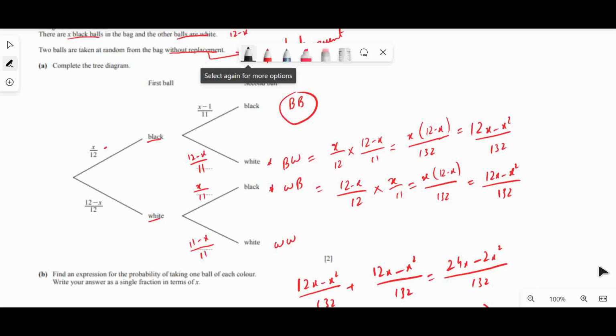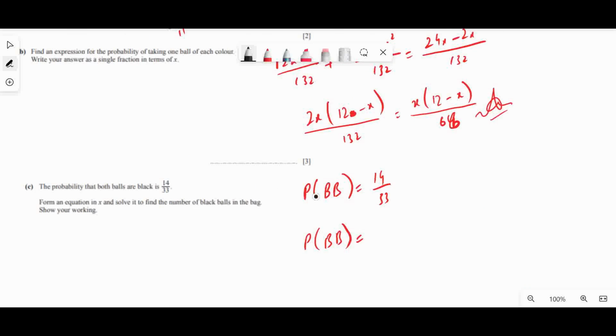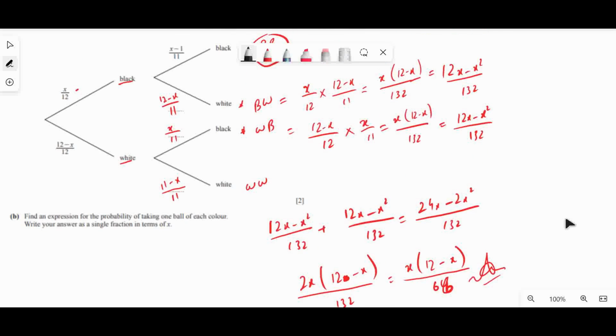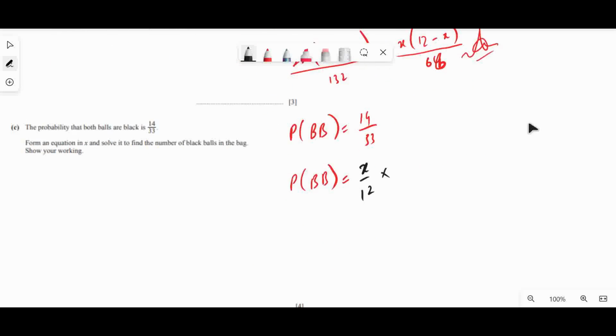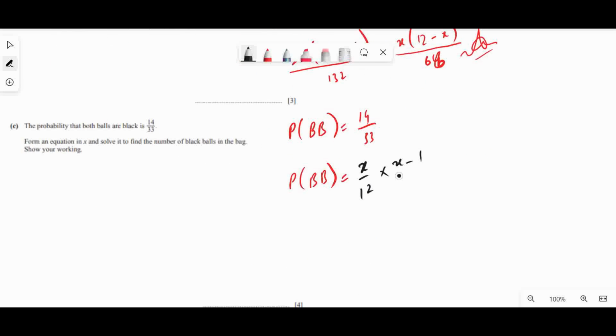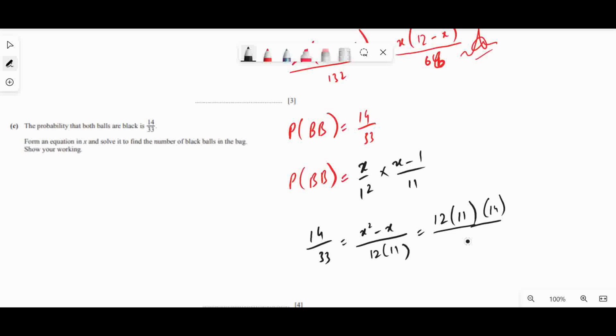So this will be x by 12 into (x minus 1) by 11, and if we further simplify it, 14 by 33 is equal to (x square minus x) divided by 12 into 11. So we can simplify it over here.